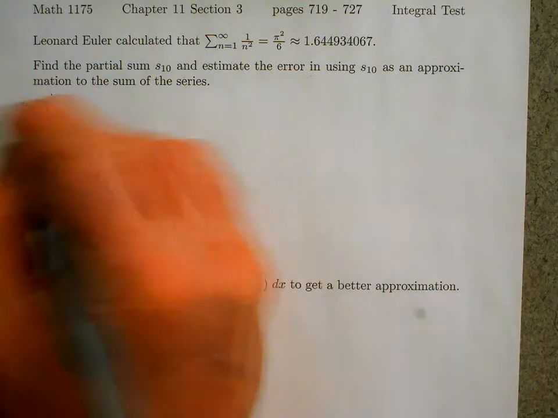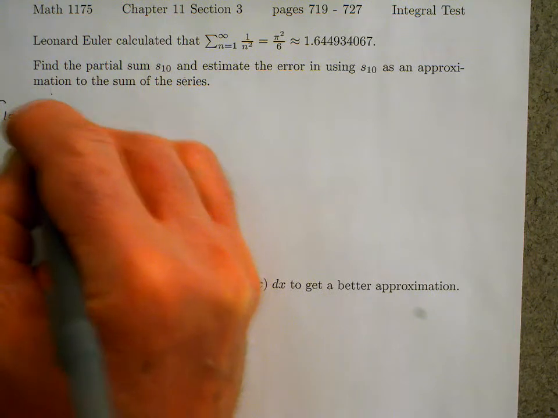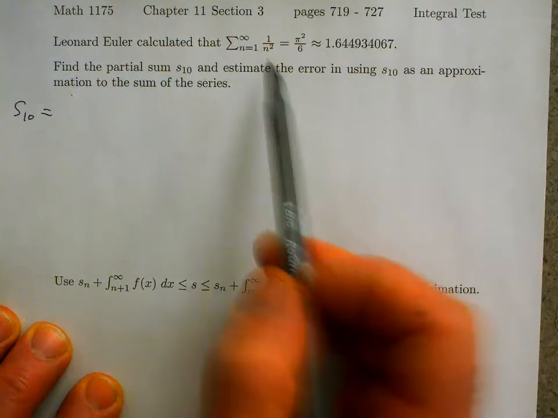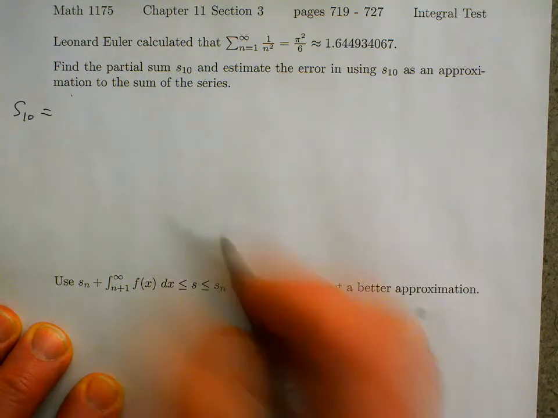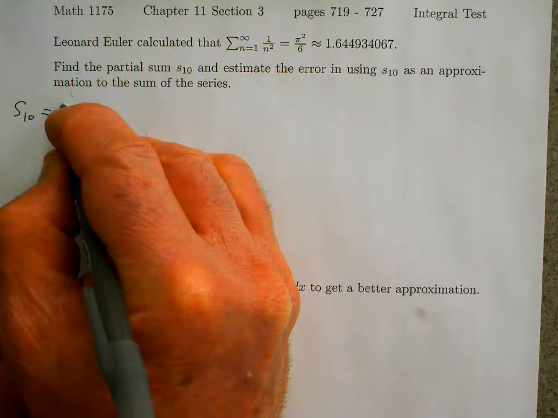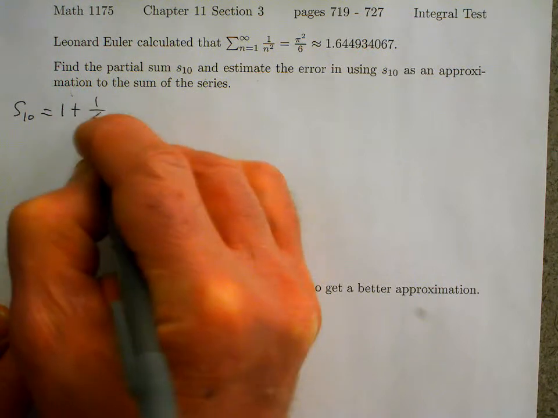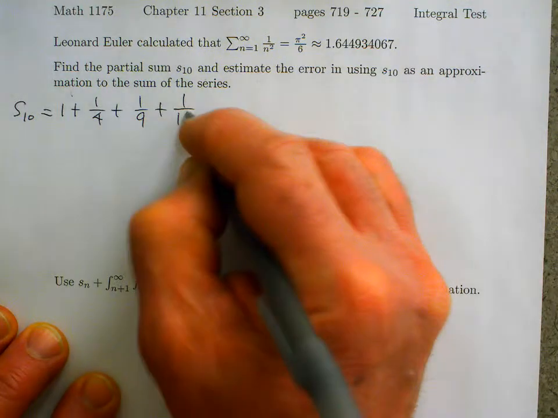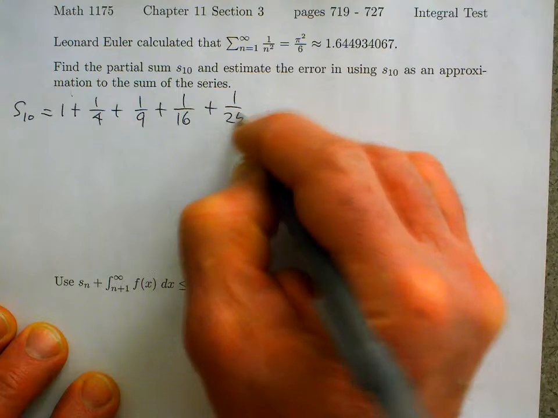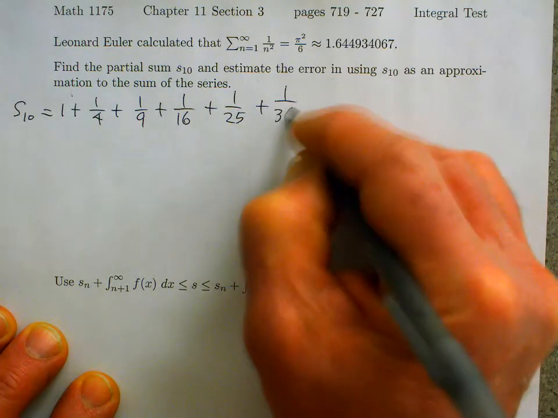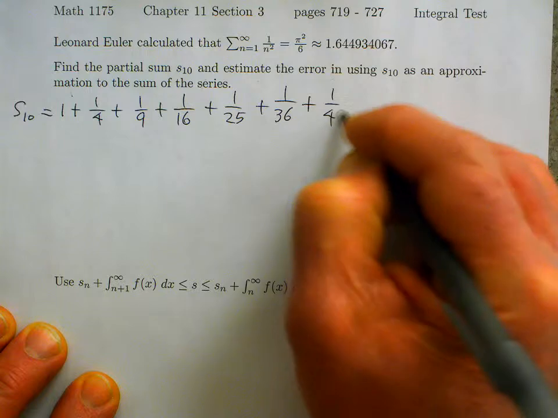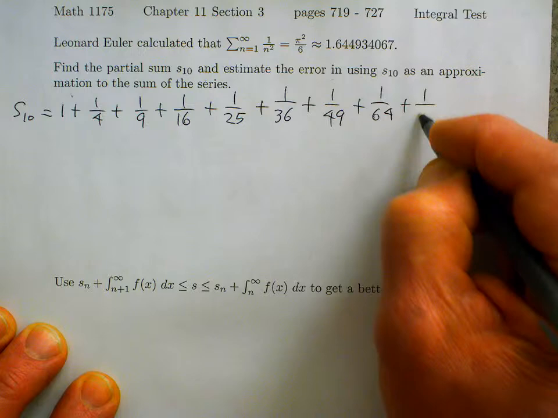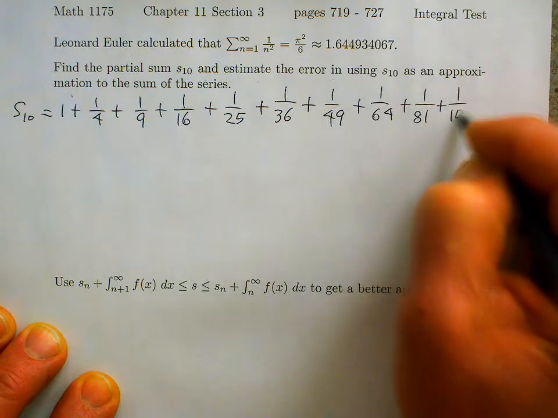Okay, so what's s sub 10? Well, when n is 1, 1 over 1 squared is 1. So I'll just write these down real quick. 1 plus 1/4 plus 1/9 plus 1/16 plus 1/25 plus 1/36 plus 1/49 plus 1/64 plus 1 over 81 plus 1 over 100.